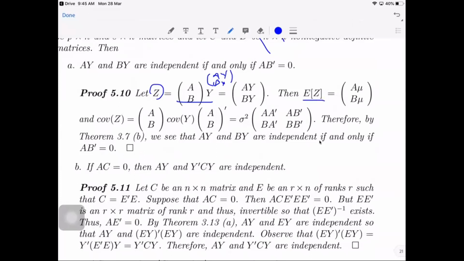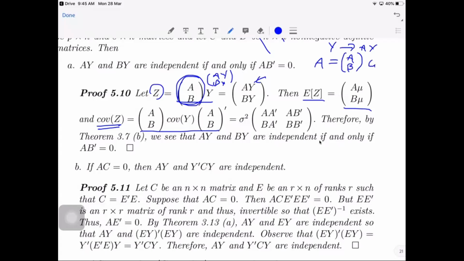Then you get the expectation of Z, which is just the expectation of Y, so A mu and B mu. And the important thing here is you get the covariance of Z with your generic A. Generic A is your Y transformed into AY. Your generic A is AB.